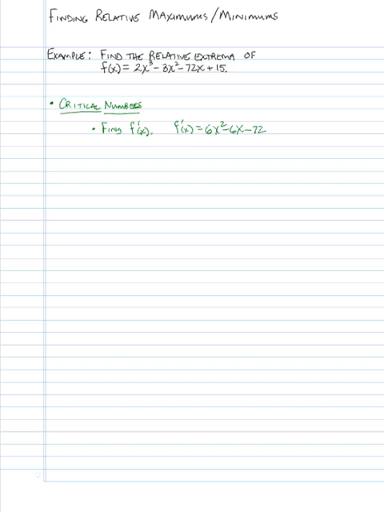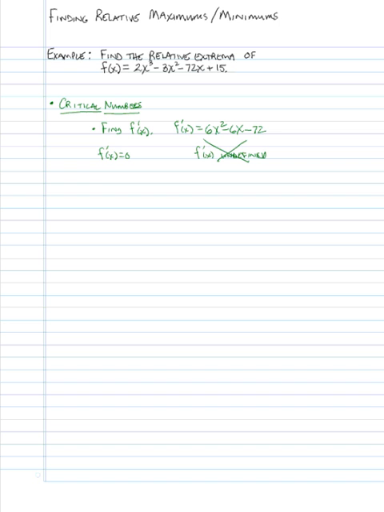Because this is a polynomial, it's defined everywhere, so there's no place where the derivative is undefined. I'm just making a point of that right here. But we are concerned about where the derivative might be 0.